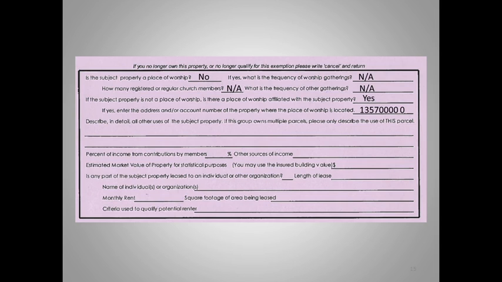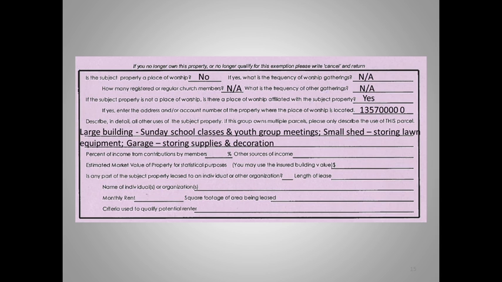None of these buildings are a place of worship on their own, but they do support a place of worship, and we have identified which place of worship they support. So we'll just answer this next question, and we're going to write down everything that each building is used for. We're not going to leave any buildings out, and we're going to answer all these questions directly on this form.